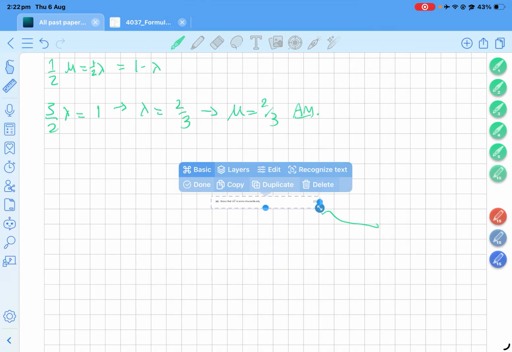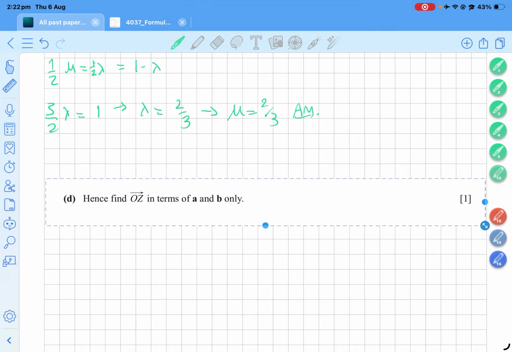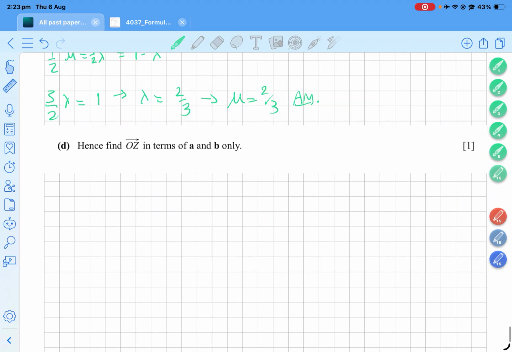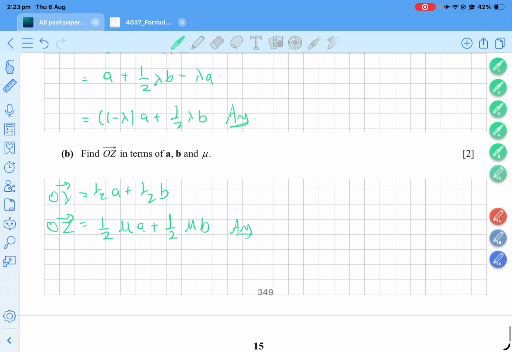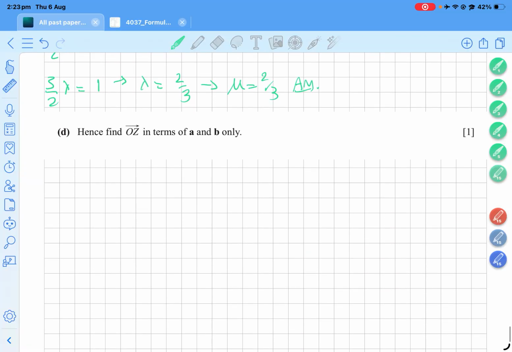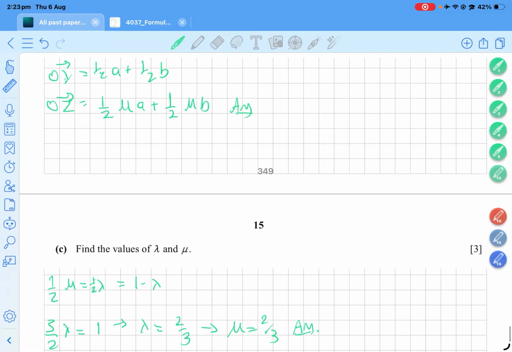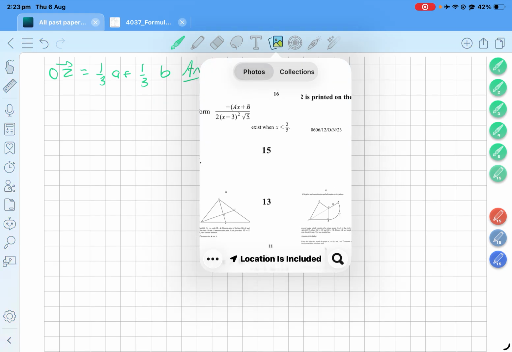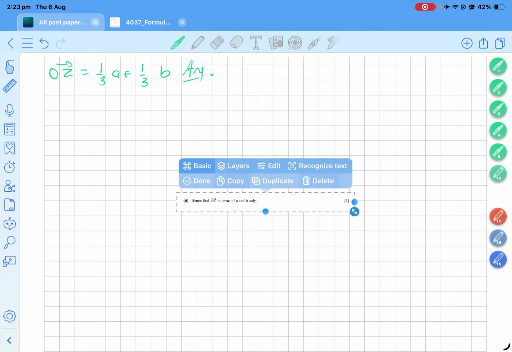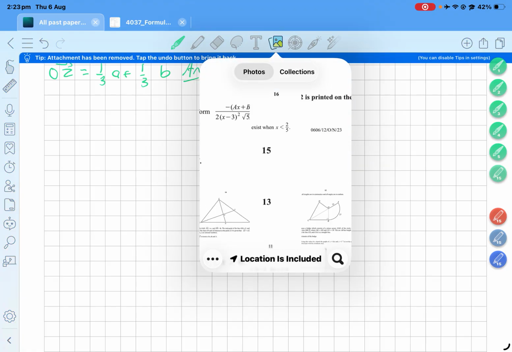And then we have a part D. So hence find OZ in terms of A and B only. So mu is 2/3. So OZ, if you put in the answer of part B, you get 1/3 A plus 1/3 of B. Okay, we did this.